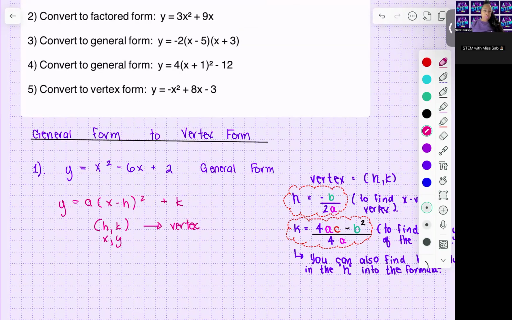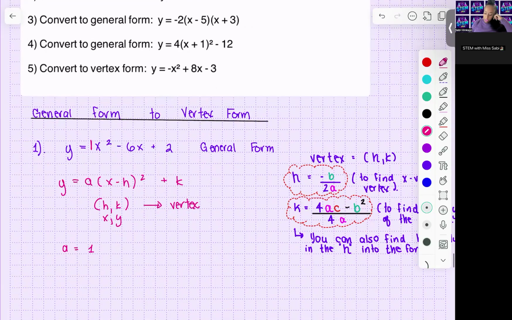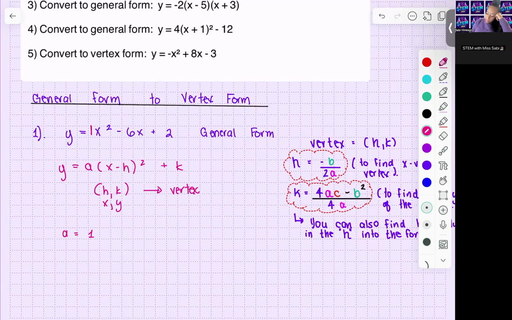As I mentioned before, your A is the same A that exists in all the forms. In general form, there's an imaginary 1 here, so I already know my A is equal to 1. I don't need to solve for A, but I do need to know my H and K. I can use my formula to calculate the H. So let's take out all the other parameters.